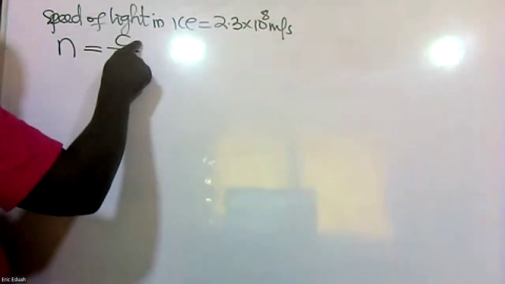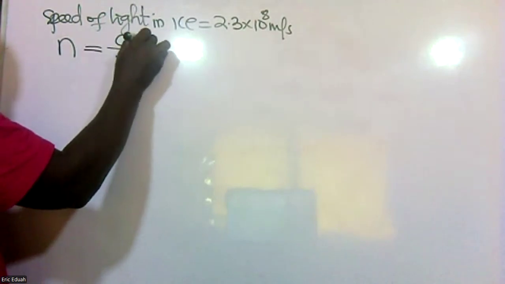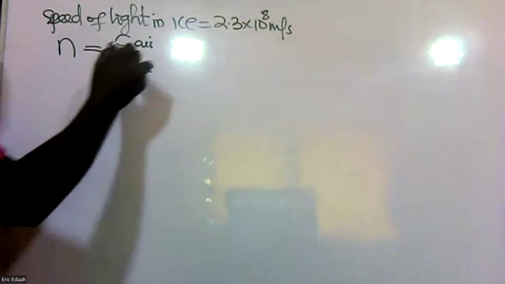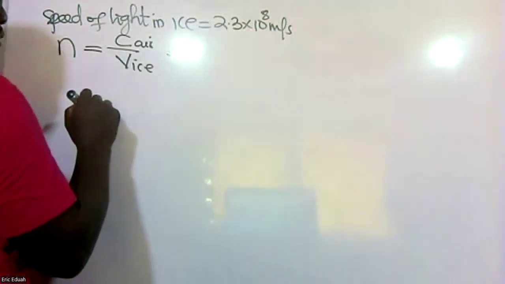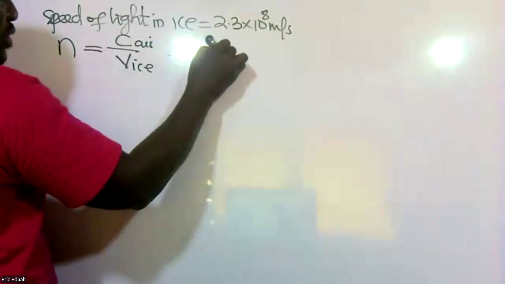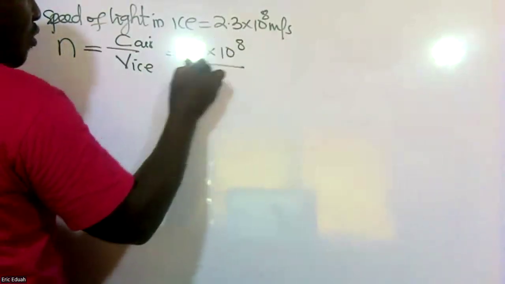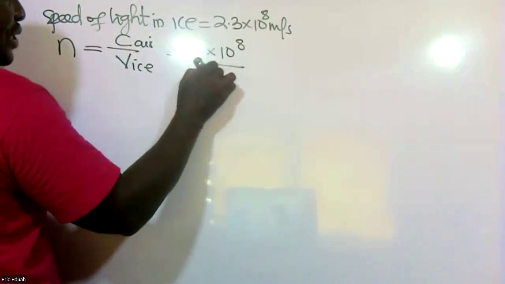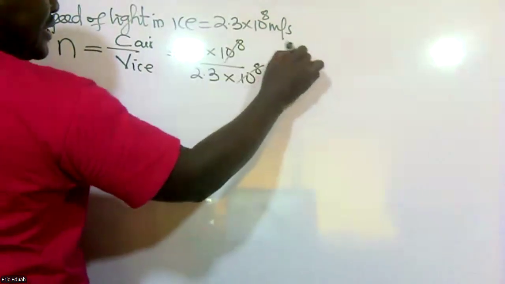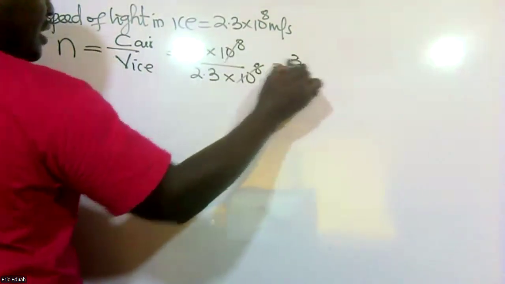So here, speed of light in air against speed of light in ice. So this is a straightforward question. The speed of light in air is 3 times 10 to the power 8 over 2.3 times 10 to the power 8. Therefore, this is 3 on 2.3.